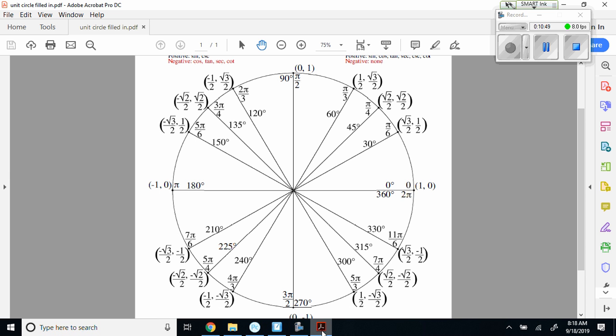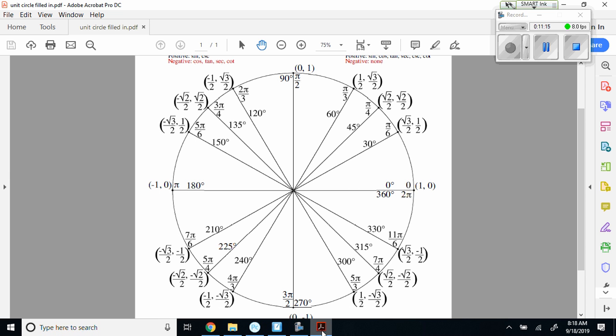You have to know this. After I quiz you over this, you get to use it, except for one part of the test where you can't use it. Does that make sense?